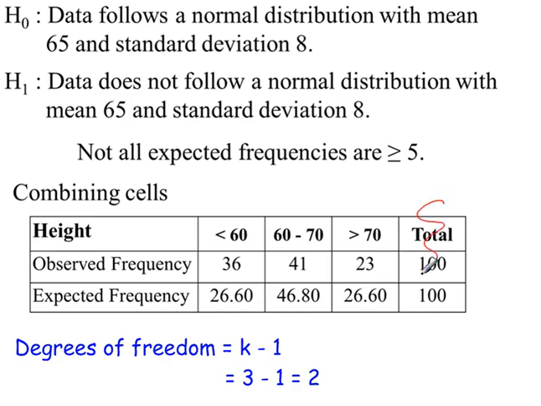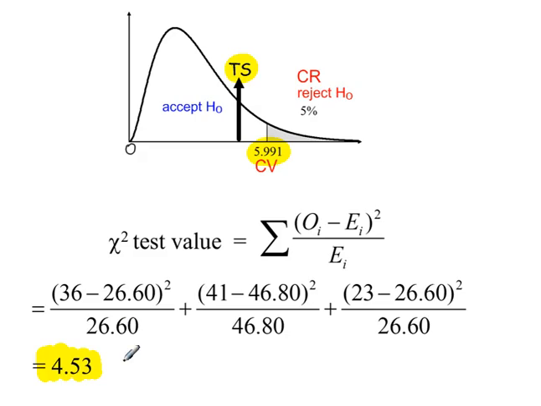Our new table, there are 3 classes here, 3 minus 1, 2 degrees of freedom, and our H0 and H1 mentions both the distribution, so the data follows a normal distribution, and the parameters with mean 65 and standard deviation 8. So we're testing both things here, both the distribution and the mean and standard deviation. Our test statistic, 4.53.